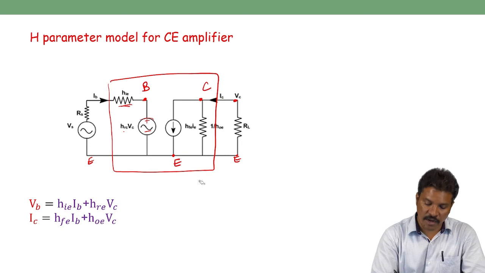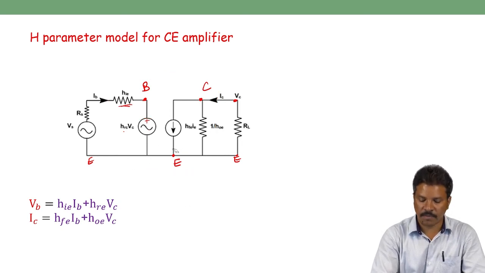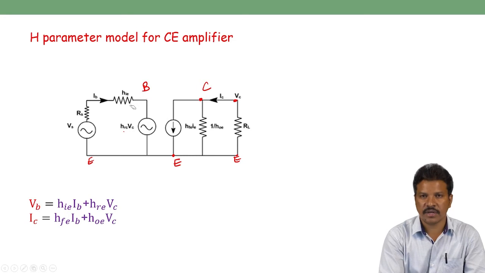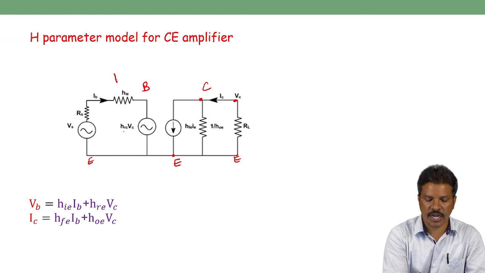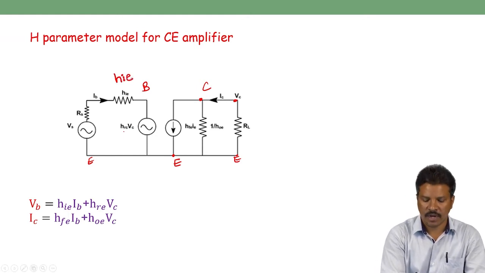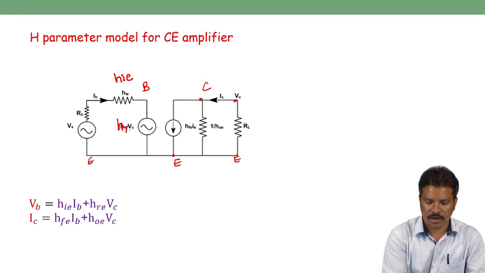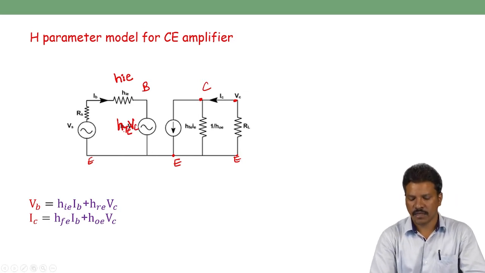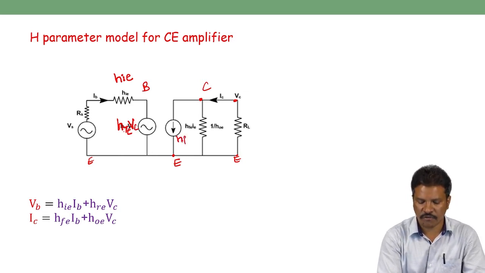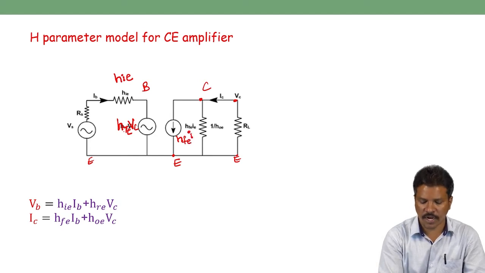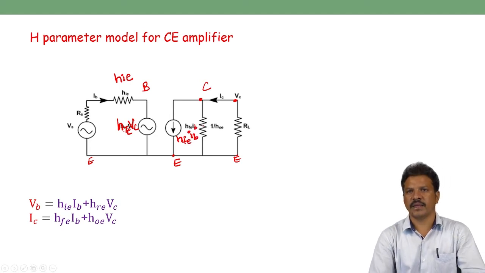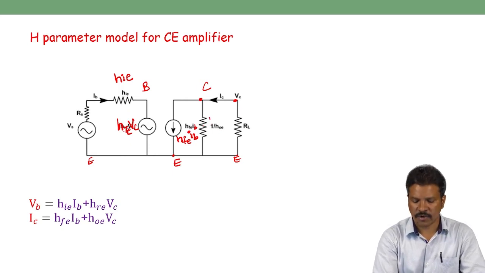When it is common emitter configuration, these parameters are subscripted with an extra term, small e. So the input impedance Hi is called HIE, then HRE and output voltage VC, and HFE, and our input current is IB, and 1 by HOE.